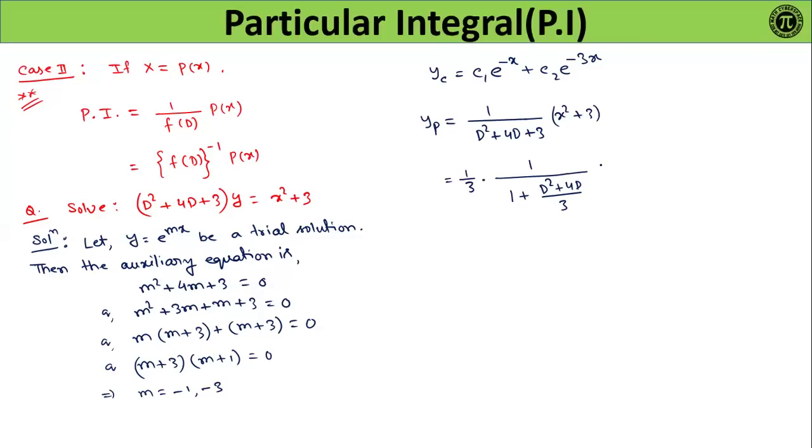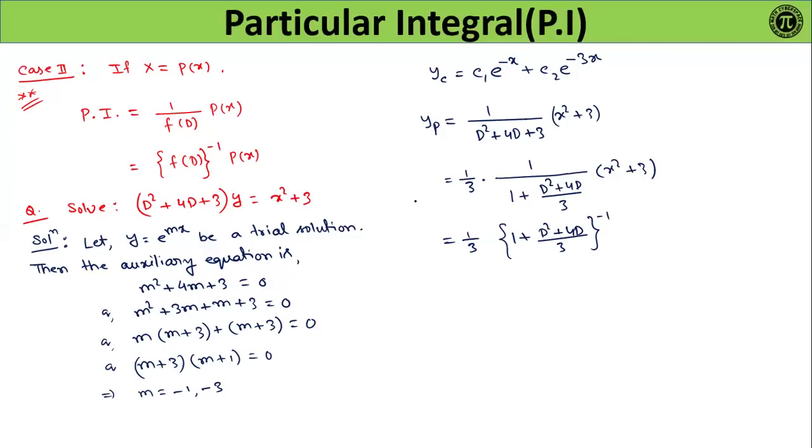And this is x square plus 3. Now we can write this equals 1 by 3, (1 plus (D square plus 4D) by 3) whole inverse. Yes, in this way you have to invert f of D. First you have to take common the constant number, then you have to write in the form of 1 plus x inverse.